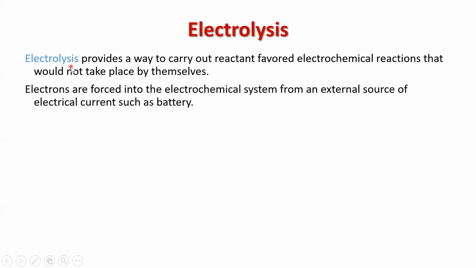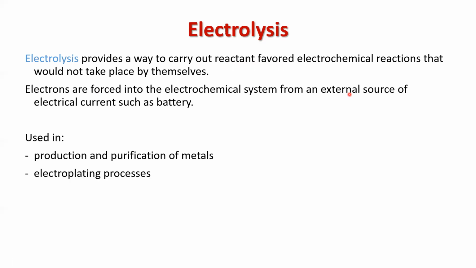And the way that electrolysis takes place is we force the electrochemical cell to work in the reverse direction, in the non-spontaneous direction, by adding in an external energy source. It's used in purifying metals. It's used in electroplating.